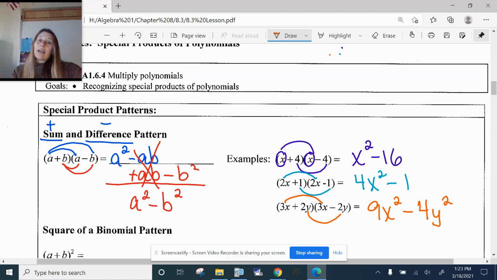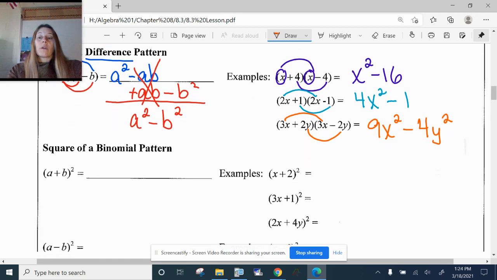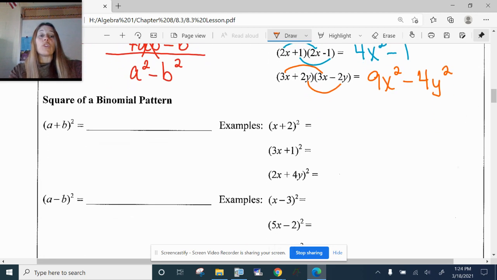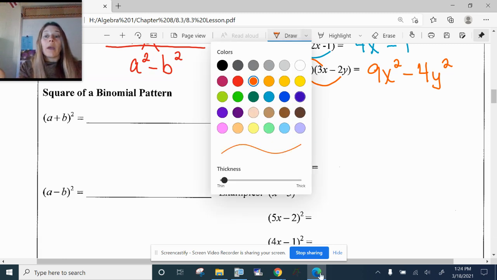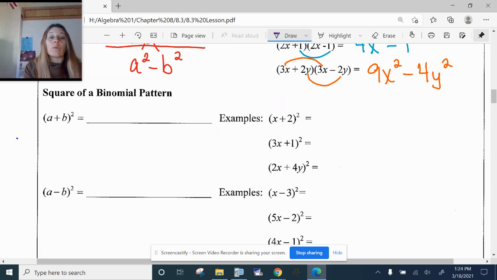And again, I didn't have to worry about those middle terms because they would have canceled out anyway, because you would have gotten the same thing twice, just one positive, one negative, which would have added up to 0.